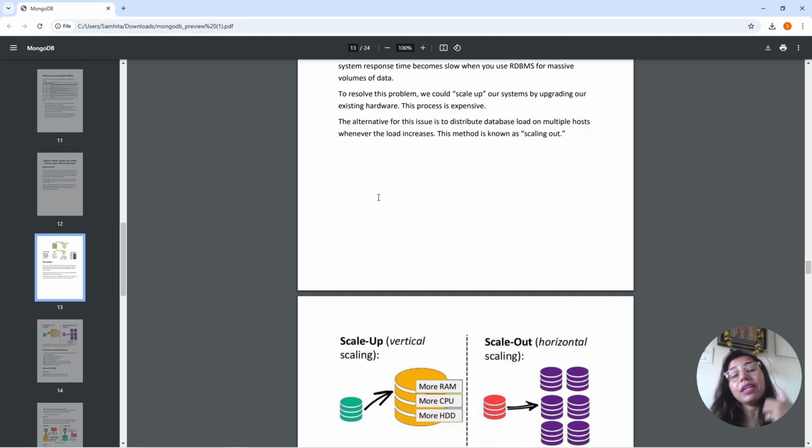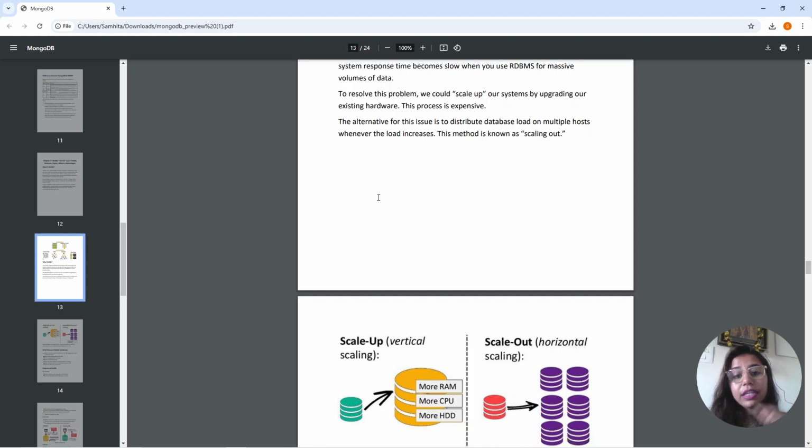This is becoming very expensive, because you are bringing a lot of hardware to store your data. That is how RDBMS, your traditional SQL, traditional DBMS is used. There you are doing vertical scaling, bringing more RAM, more CPU, more memory, which is actually bringing hardware that is very expensive.